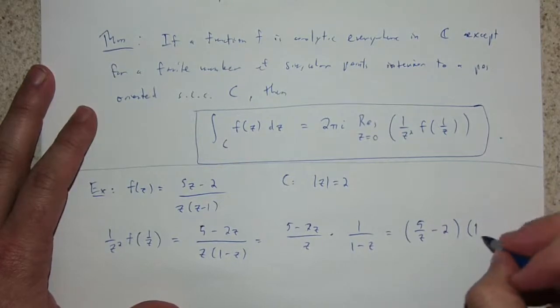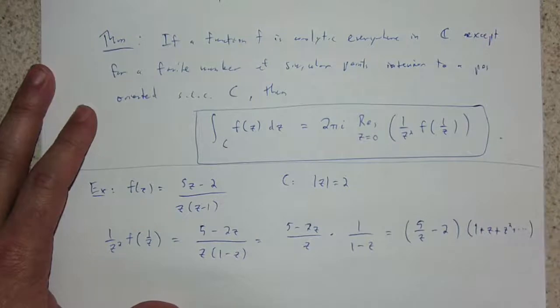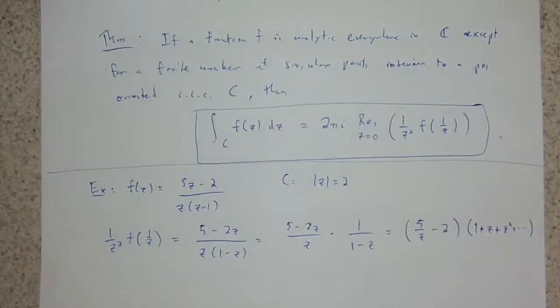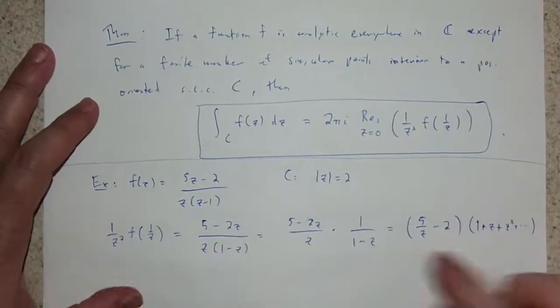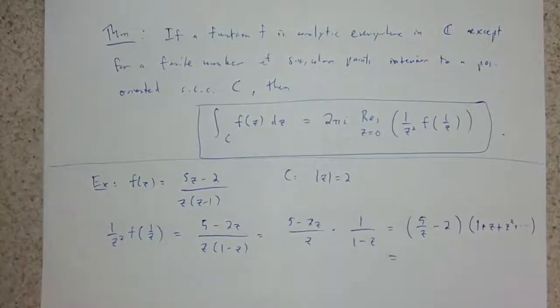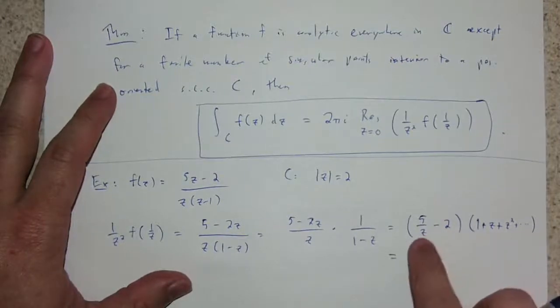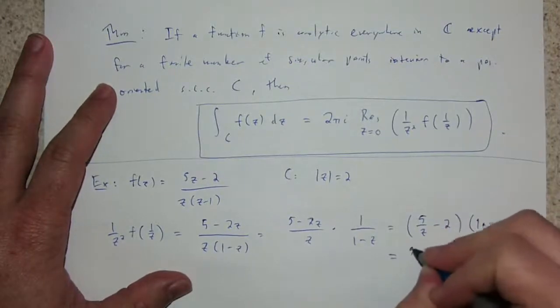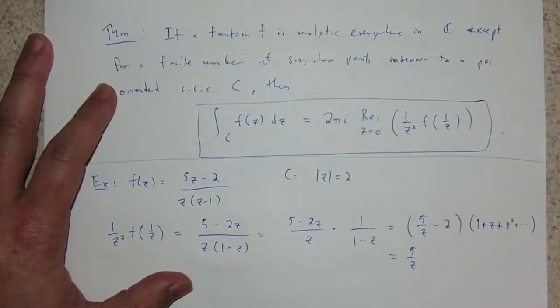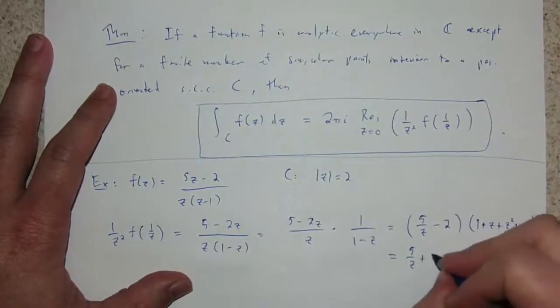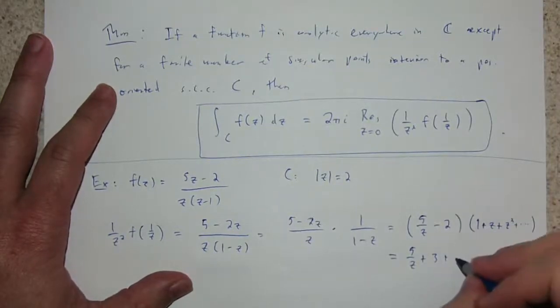So this is 1 plus z squared and so on. But then the only term here where I'm going to have a z to the minus 1 is the term I get from the product 5 over z times 1. So this is actually 5 over z plus 3 plus 3z and so on.